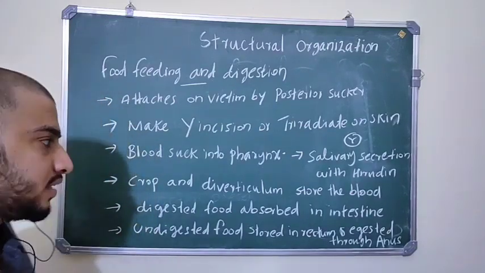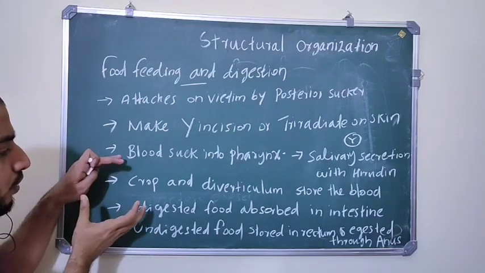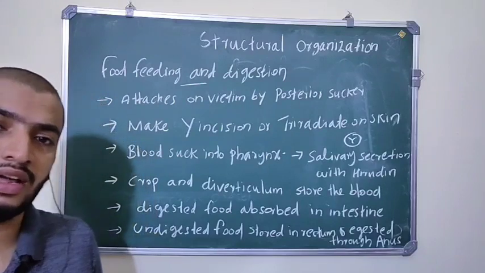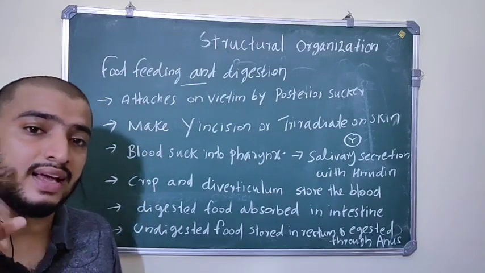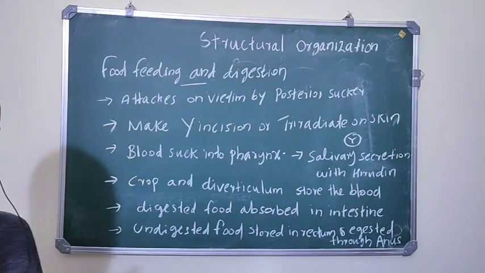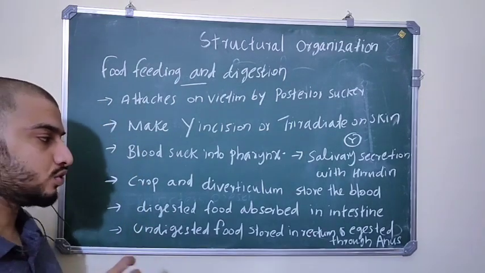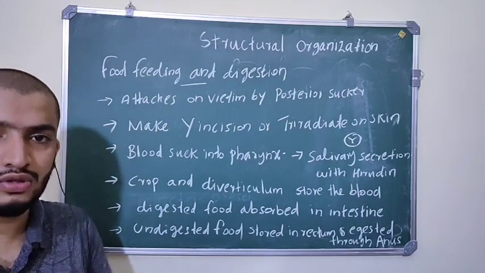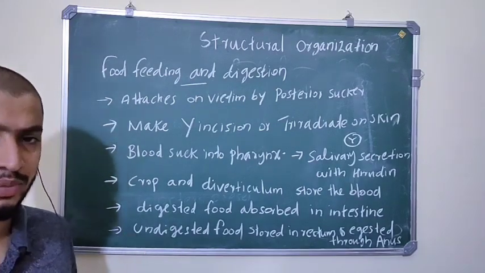Then the blood goes to the crop and diverticulum. What is the function of crop and diverticulum? Yes, they are the storage organs of blood. Then the blood goes to the stomach, where digestion takes place.